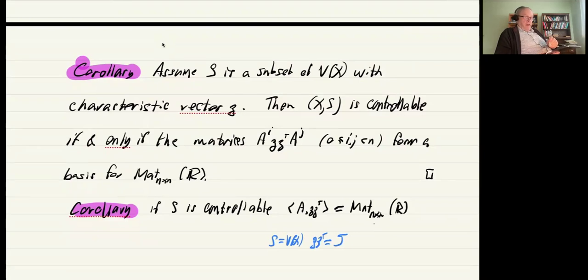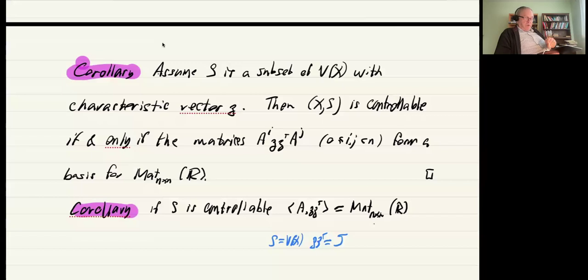One consequence of that, which gives another proof of something we've already seen: suppose I have an automorphism of X, given by a permutation matrix P. Well, P commutes with A, because that's the definition of automorphism, but it also commutes with J. Every permutation matrix commutes with J. And if you commute with A and you commute with J, then you commute with anything in the algebra they generate, any sums of products of A and J.